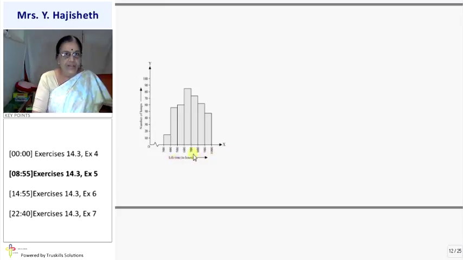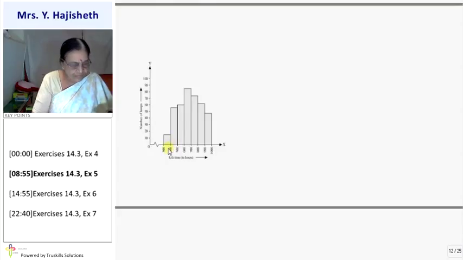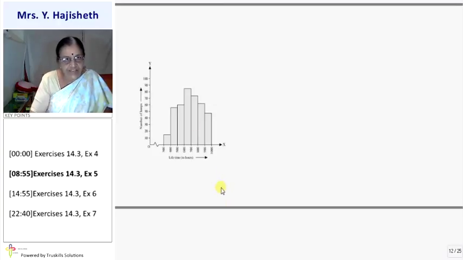Okay? Now, for the first class, from 300 to 400, what is the number of neon lamps? 14. So I will take 10 and 20 for each. 14, so I will take a height of 1.4 centimeter.